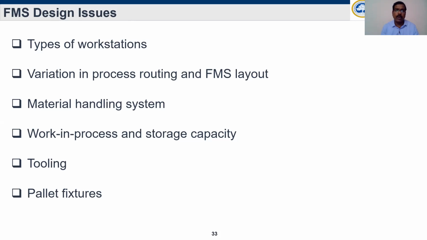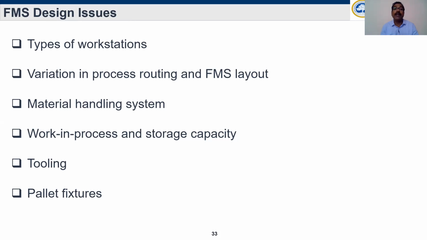Then other workstations like inspection workstations or quality control like a CMM are also considered workstations. Then variation in process routing and FMS layout. As we said, what kind of layout: line layout, loop, ladder, or a combination of line and ladder. This also needs to be considered while we design any particular FMS inside our industry.